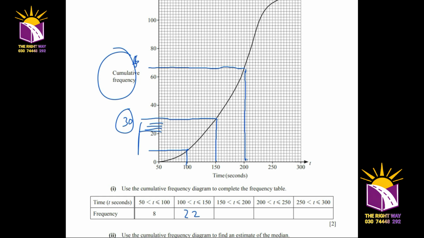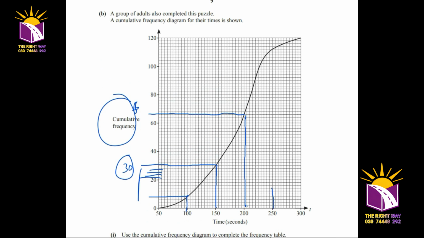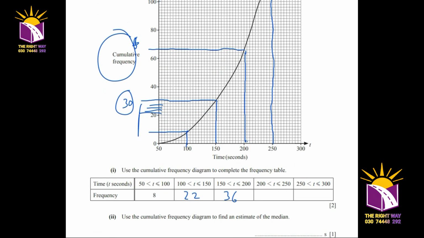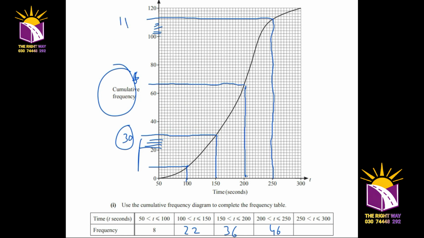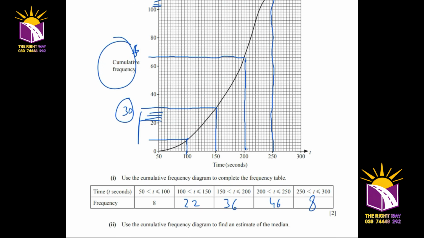66 minus 30 will be equal to 36. For 250, it is 102, 4, 6, 8, 10, 12, so 112. 112 minus 66 will be 46, and the remaining one is 120 minus 112, which will be equal to 8.